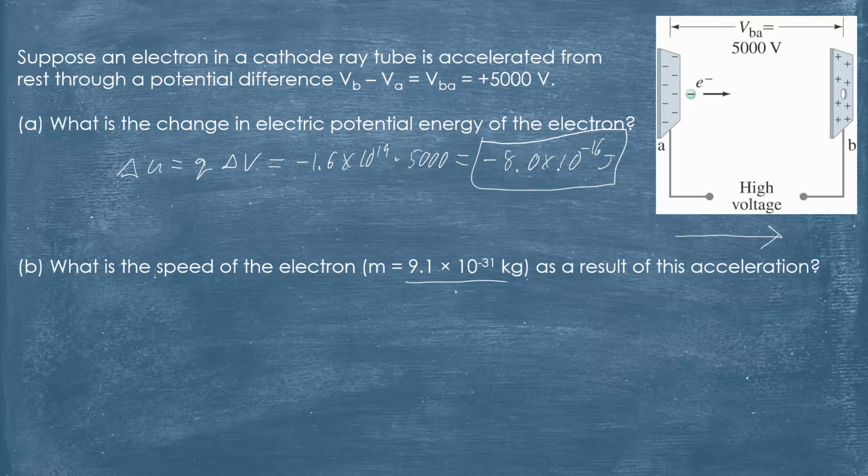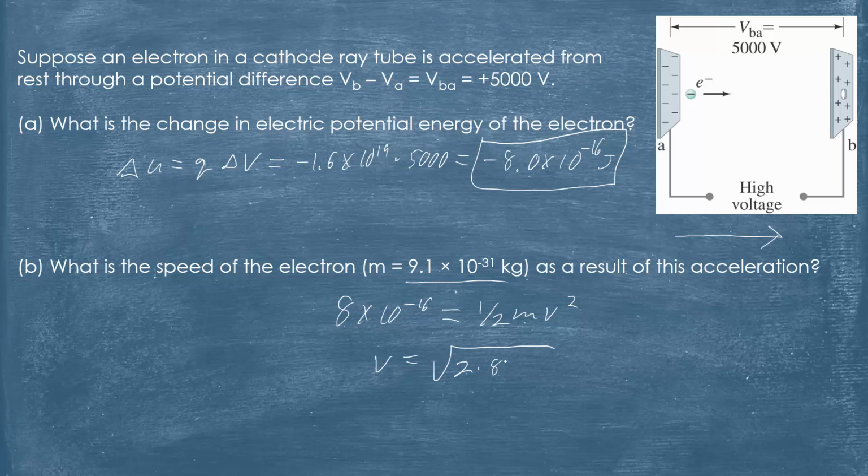So here I want to know the speed. Well, what happens to this potential energy that it loses? It becomes kinetic energy, and we don't want it negative anymore because this is a loss in potential energy. It's a gain in kinetic energy. So that's our kinetic energy. We can set that equal to 1/2 mv squared and just solve for v.